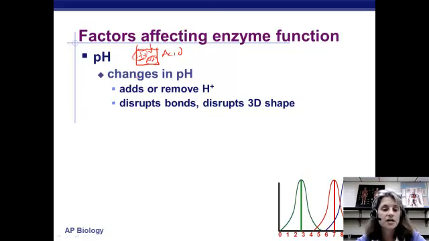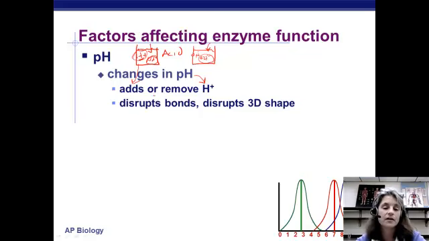So changes in pH can cause these hydrogen ions to react with the enzyme, or if we drop that enzyme in a basic substance, for example, that's full of hydroxides, these hydroxides might actually rob hydrogens from the enzyme that we put in there.